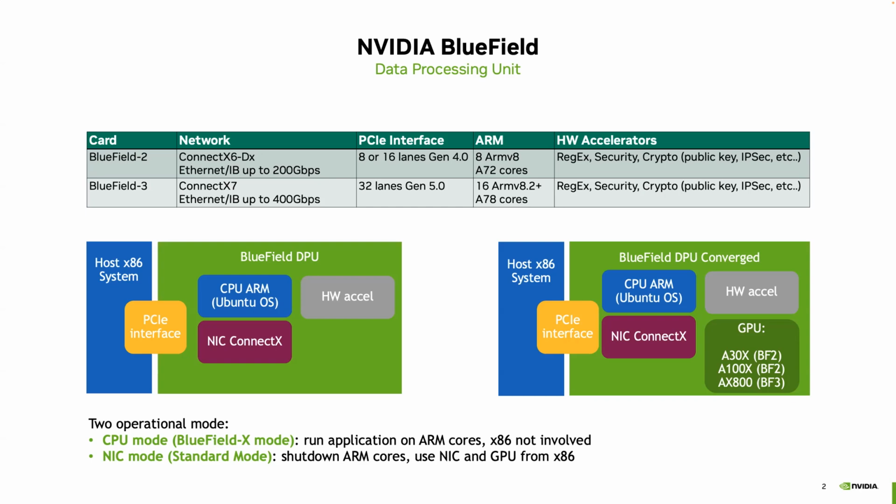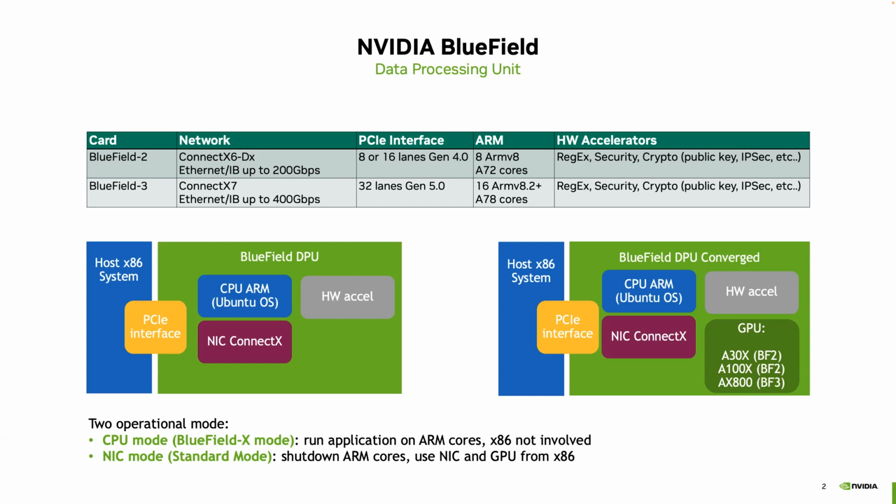Depending on the type of DPU that you have, like BlueField 2 or BlueField 3, you can find different models of this hardware. If you have a BlueField 2, you're going to have a ConnectX-6 Dx as a network card, a PCI Gen 4 interface with the host, but also on the card, 8 ARM cores, and a number of hardware accelerators for regular expressions, security or crypto tasks like IPsec, and so on.